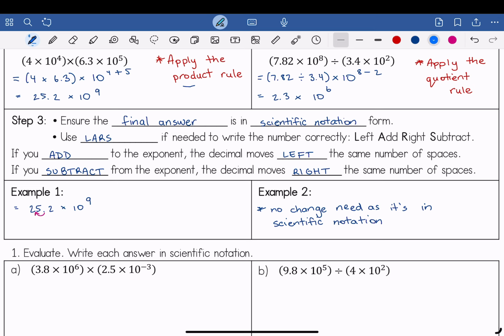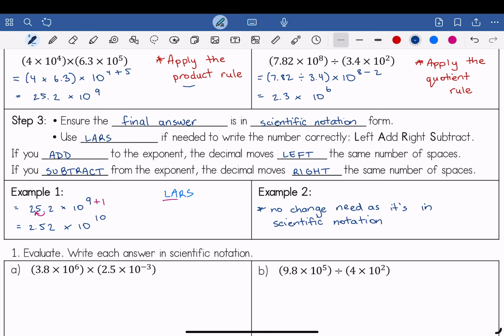So using LARS, I am moving to the left, so I'm going to add. I'm moving to the left by 1 place, so I'm going to add 1 to the exponent. Therefore, this equals 2.52 times 10 to the power of 10.